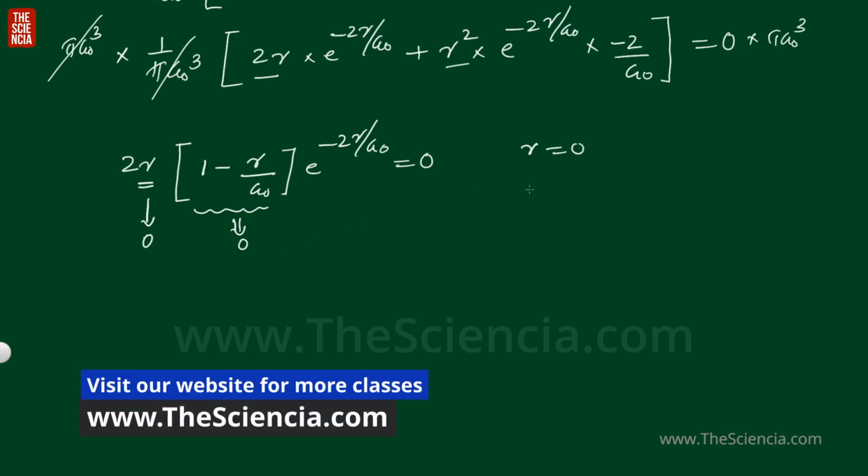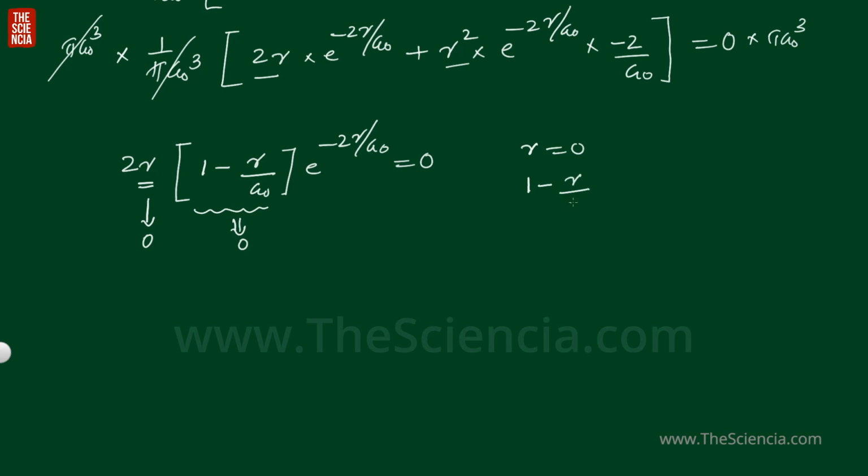One is r equal to 0 and other condition is 1 minus r by a0 equal to 0, that is r equal to a0, right? So the probability density will be maximum at these two locations.